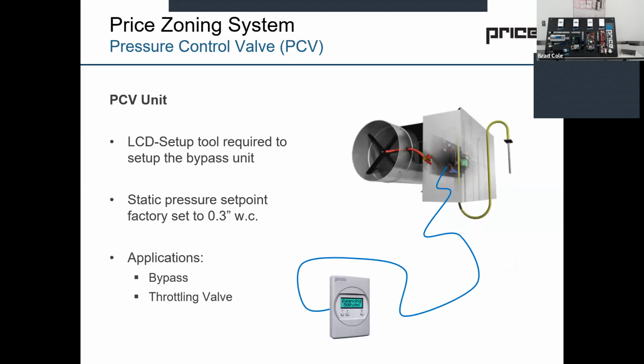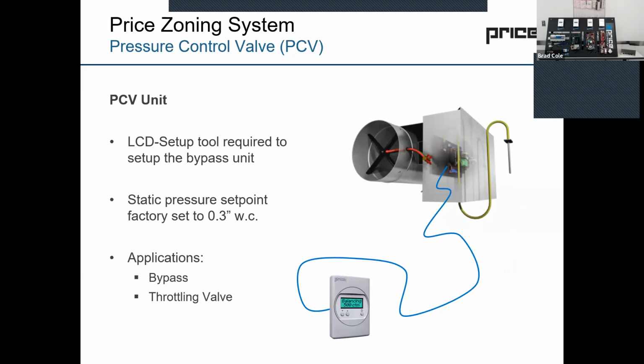So once the contractor has done that, he's going to get some pneumatic tubing and hook up the static pressure probe to the high side of the transducer. And then this controller will start to read the static pressure and control.